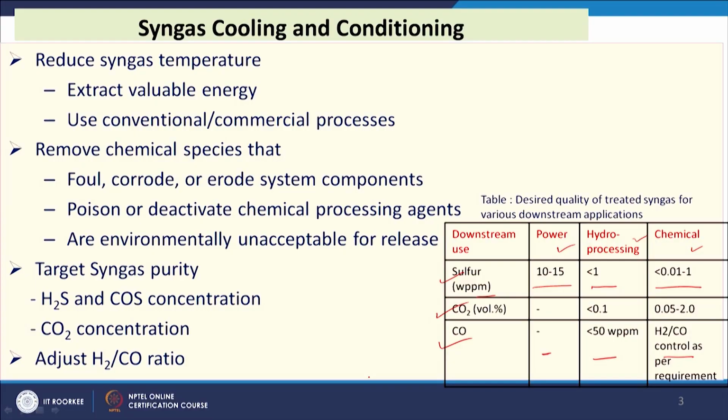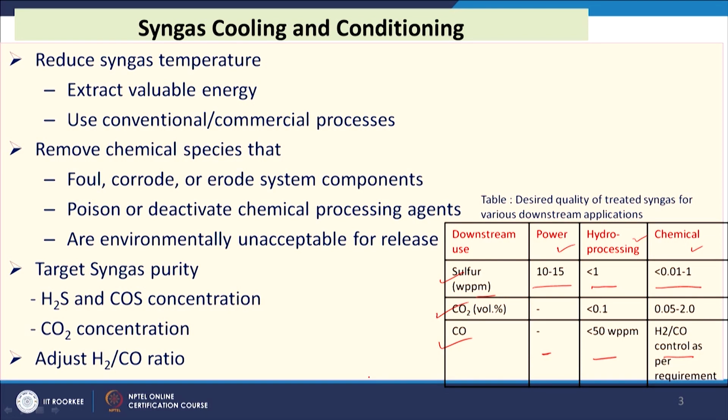Different applications have different requirements of the H2 to CO ratio, but in the raw syngas CO is almost 2 times more than hydrogen. In downstream applications, in some cases we even need the reverse ratio, that is H2 to CO as 2. So, some conditioning or conversion of CO to H2 is required.